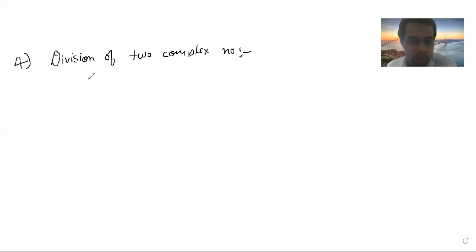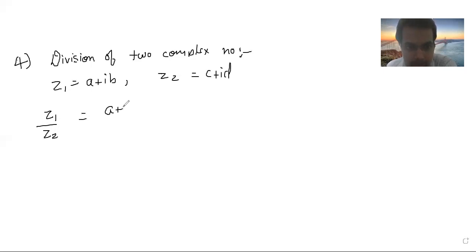The complex numbers were z1 equal to a plus ib, and z2 equal to c plus id. We have to find z1 by z2, which means a plus ib by c plus id.